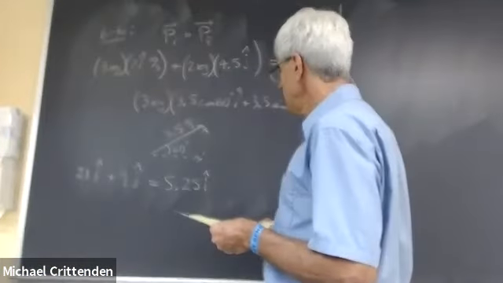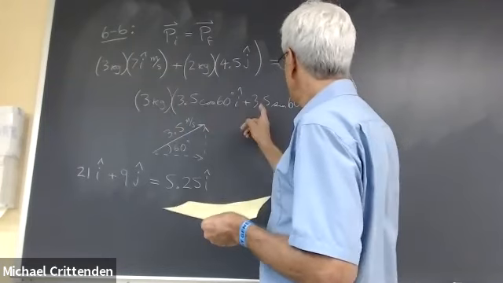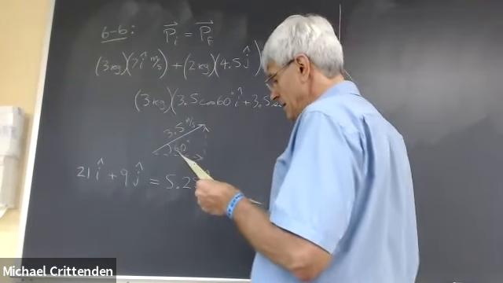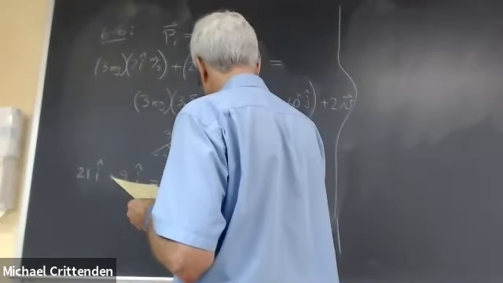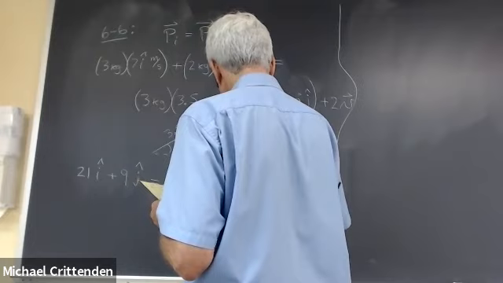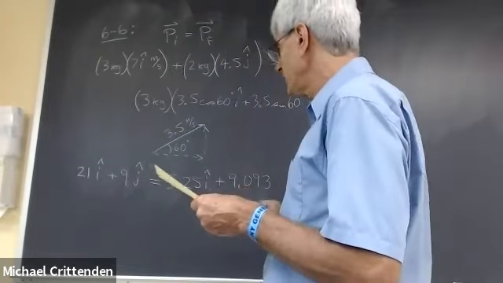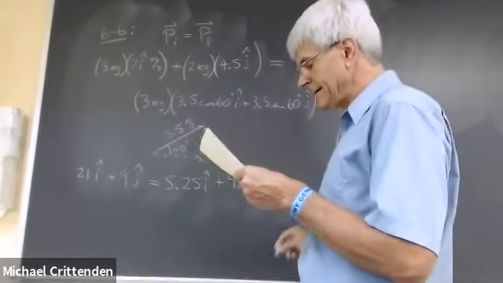I think it's probably exactly 5.25. That times the sine is 9.09. I'm going to carry one more decimal place because it comes out so close to that.